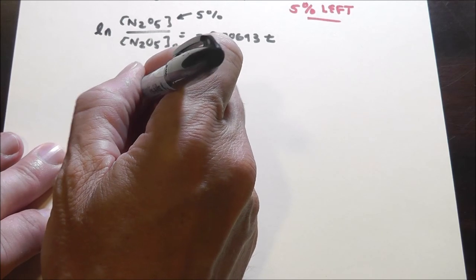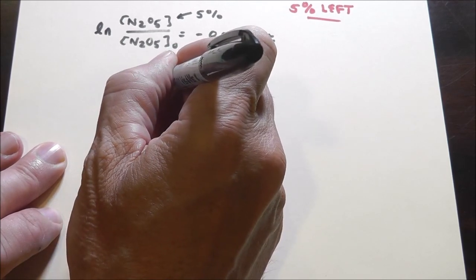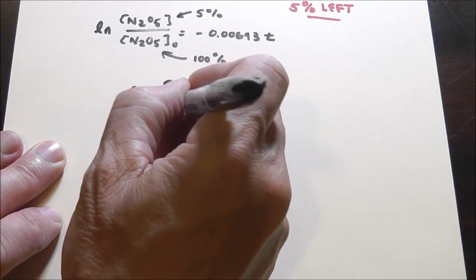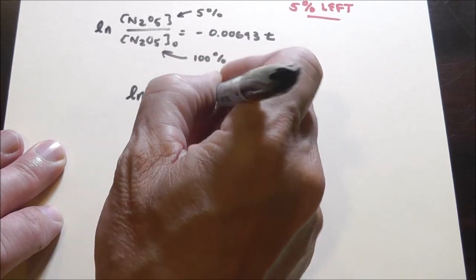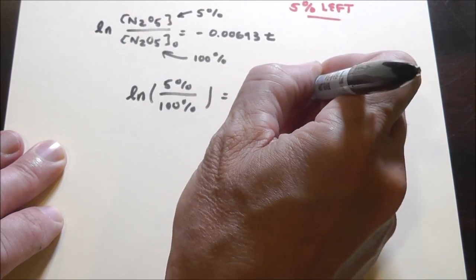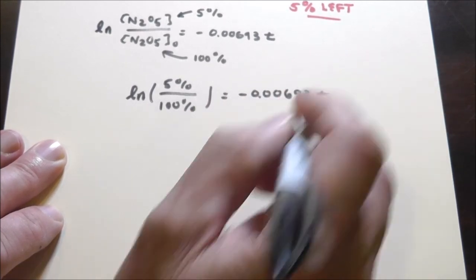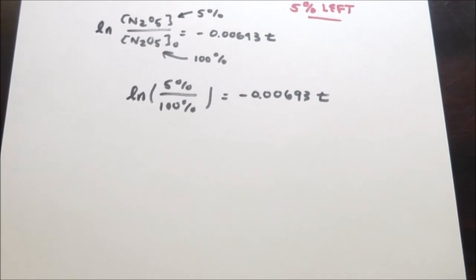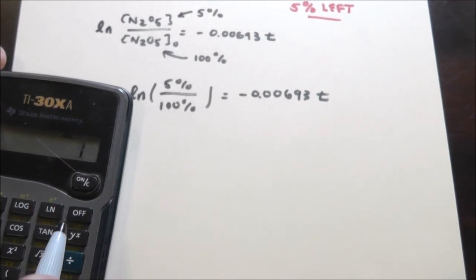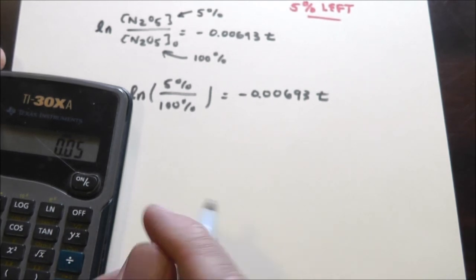So natural log of 5% over 100% equals minus 0.00693 t. Okay, let's go ahead and plug in. 5 divided by 100 is 0.05.